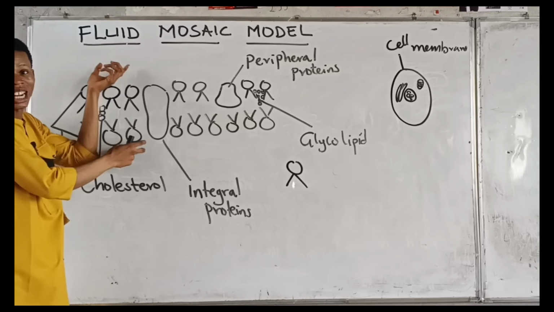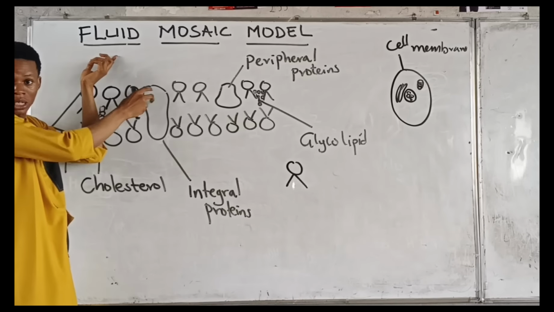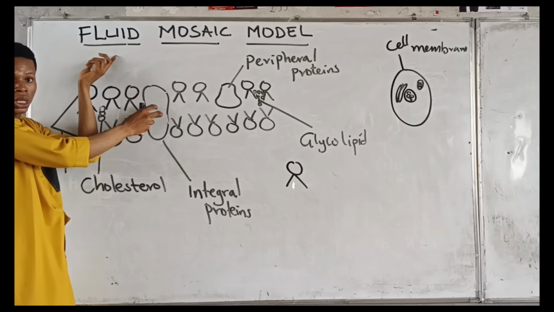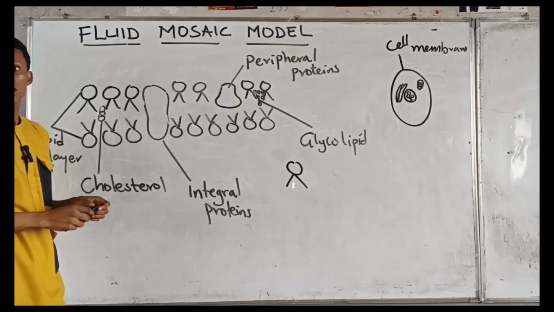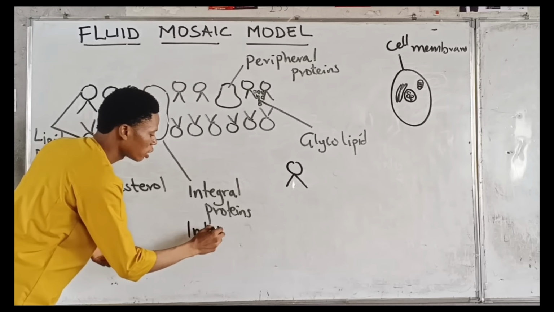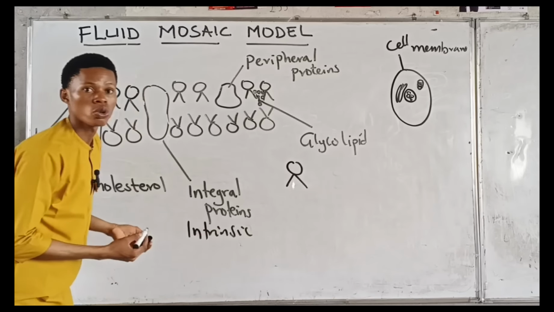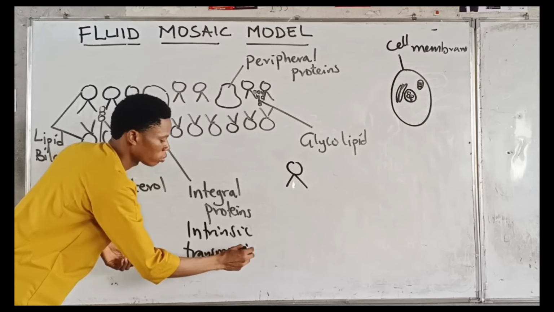The integral protein traverses the two layers of the bilayer. You can see that the integral protein is passing through the two layers, right? You can also call it intrinsic protein, or you call it transmembrane protein.